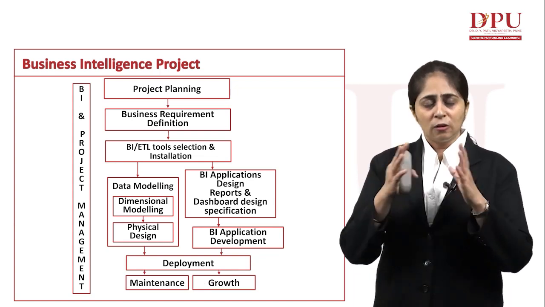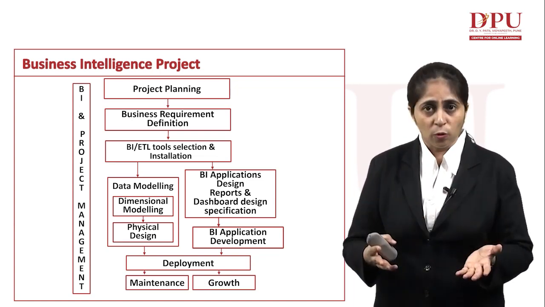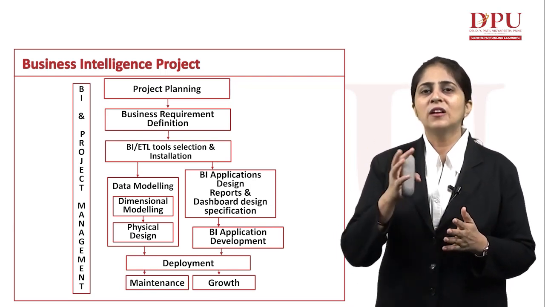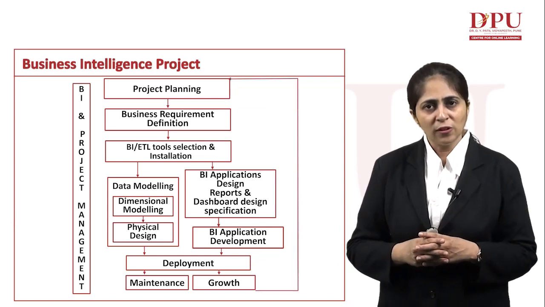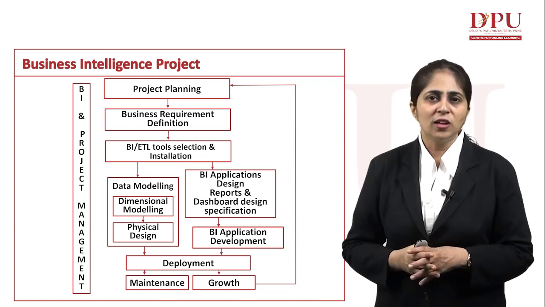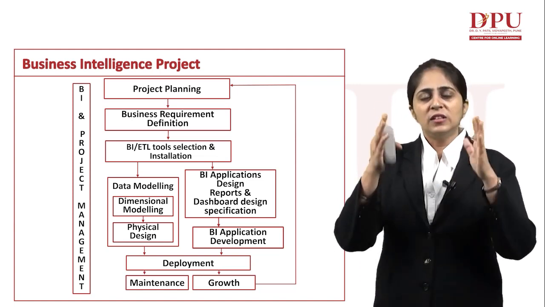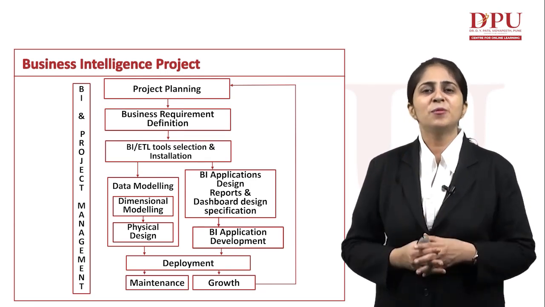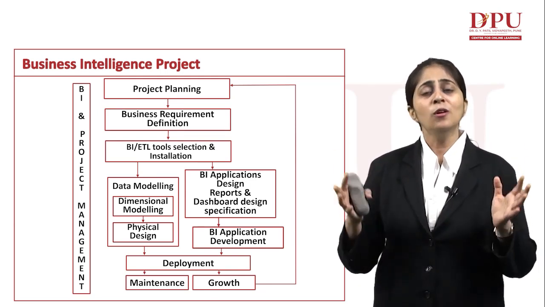Any organization wants to grow, so it has to continuously work on the growth of the business intelligence project, and for the growth it might require following all these steps again. So these are a few of the steps that are required for any business intelligence project to work on.